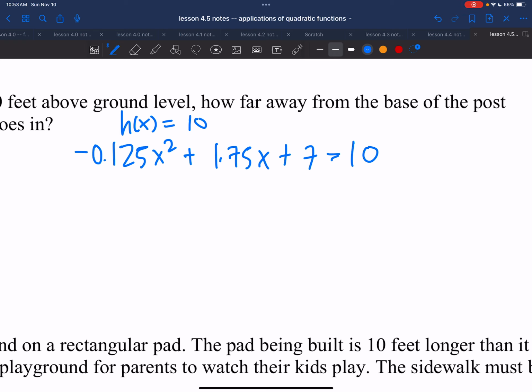Well, am I just going to take a calculator and guess until I get 10? No. The way we can solve quadratic equations, as we learned in the previous lesson, is set the function equal to 0, right? Because if you can set an equation equal to 0, you can use factoring or the quadratic formula to find the zeros of that. So, minus 10 from both sides.